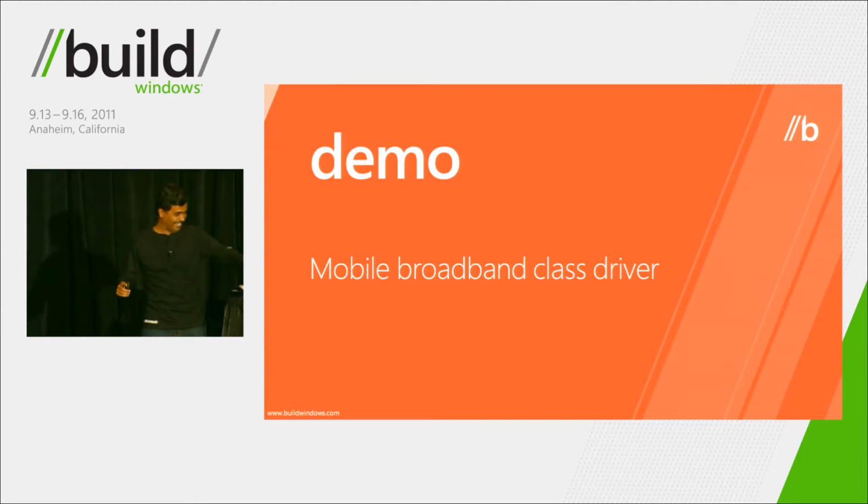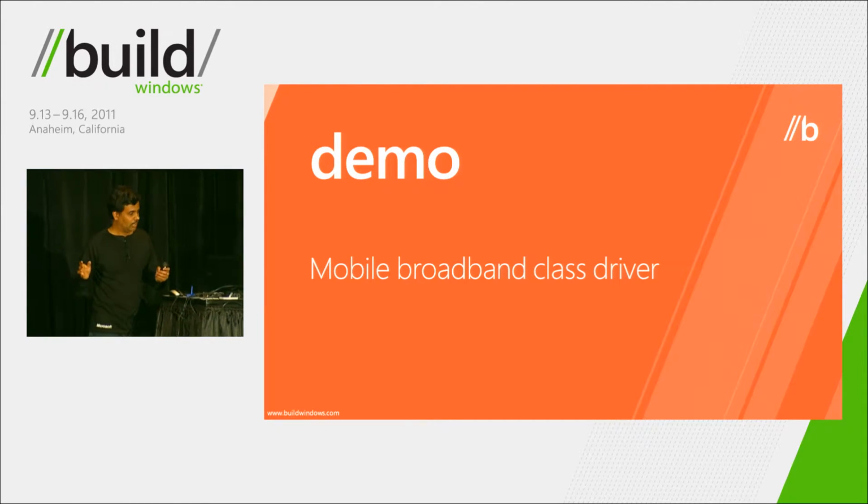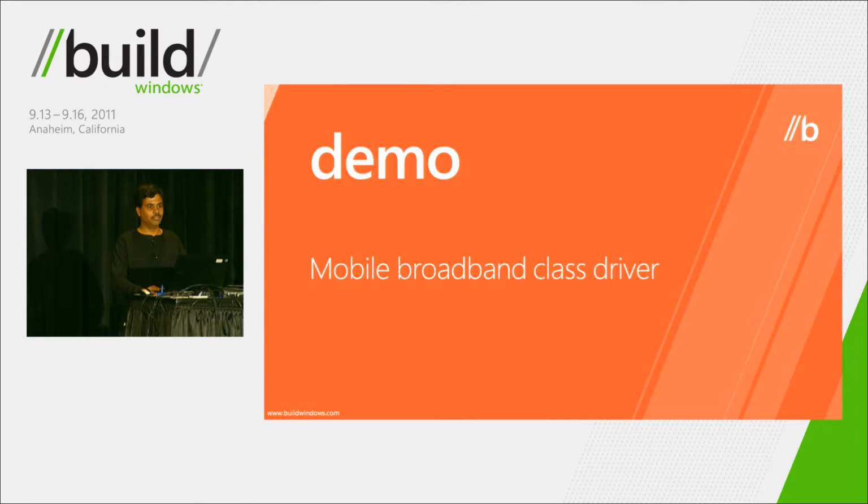Hopefully, let's see how this goes. So what I'm going to demonstrate right now is the class driver over embedded module solution. I have a Windows 7 laptop. This is fairly old for current standards, and it had a WWAN or a mobile broadband embedded module device, something like this.